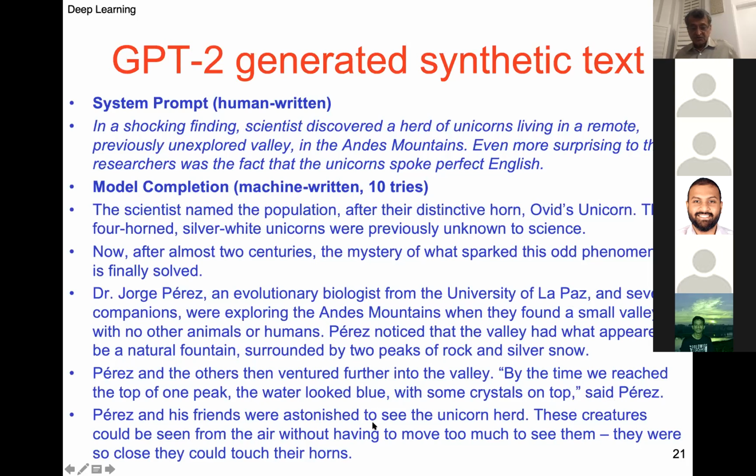Perez and his friends were astonished to see the unicorn herd. These creatures could be seen from the air without having to move too much to see them. They were so close together that it touched their horns. All right. So this is the remarkable expertise of something like GPT-2, which is generating natural language text after digesting a large quantity of text.